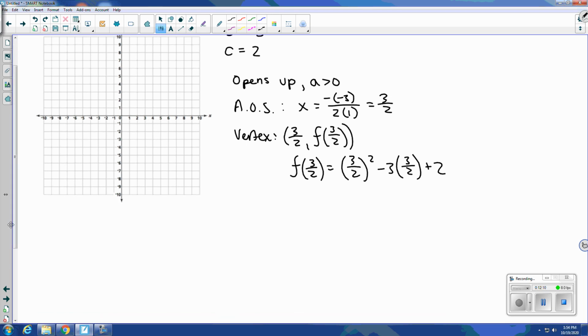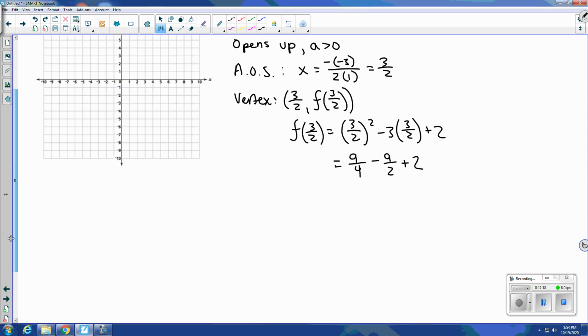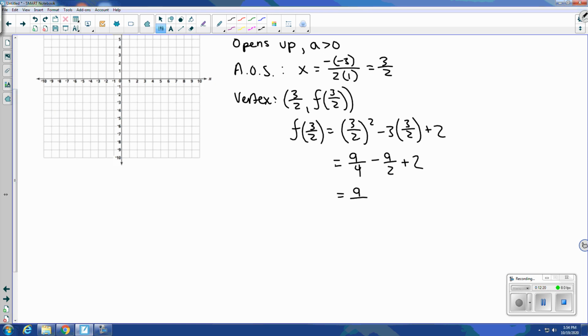So a little fraction work here. We have 9/4 when I square 3/2 minus 9/2 plus 2. To combine all these, we'll need common denominators, so let's keep it over 4. We're going to get negative 9 over 4 plus 8 over 4 is negative 1 over 4. So the vertex, 3/2, negative 1/4.